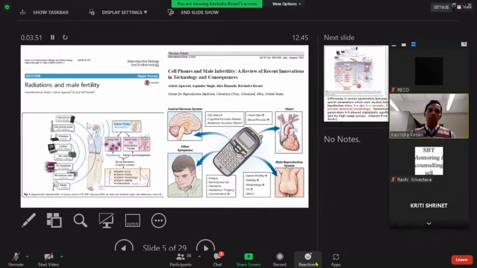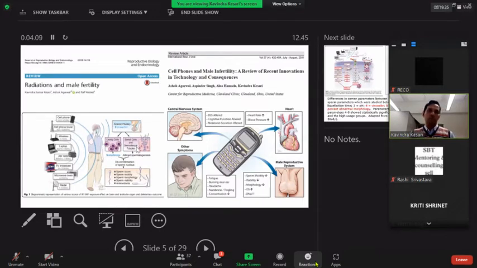They all emit some kind of radiation. Due to that radiation, for example, if you use your cell phone near your head or keep it in your trouser pocket while talking, it always affects your brain as well as your reproductive system, as you can see in the picture.